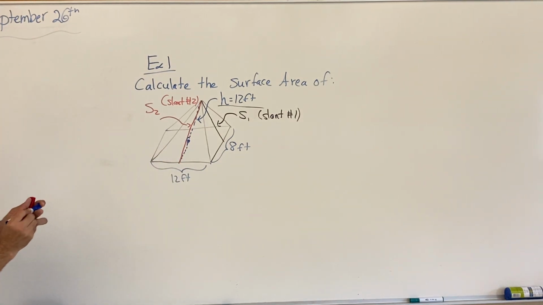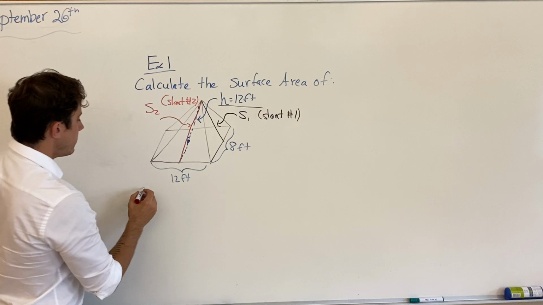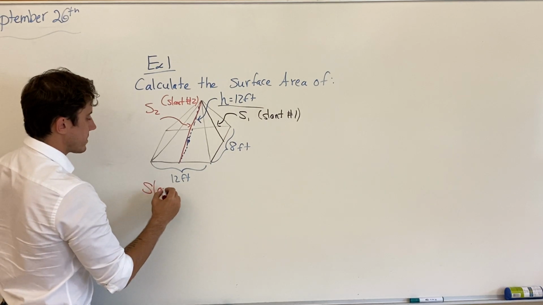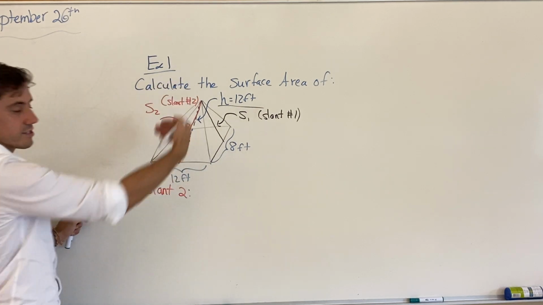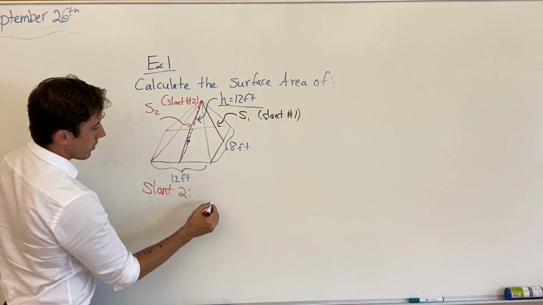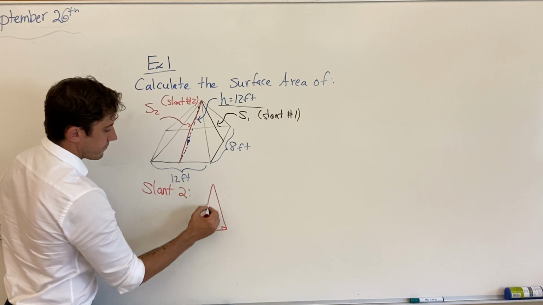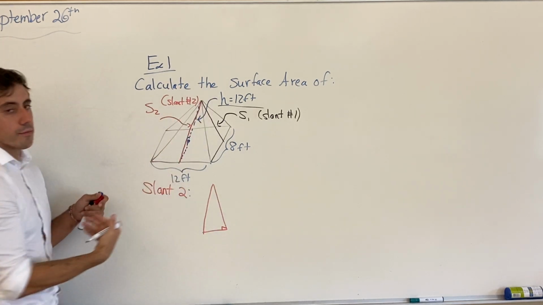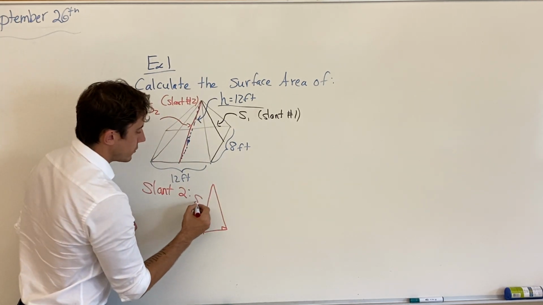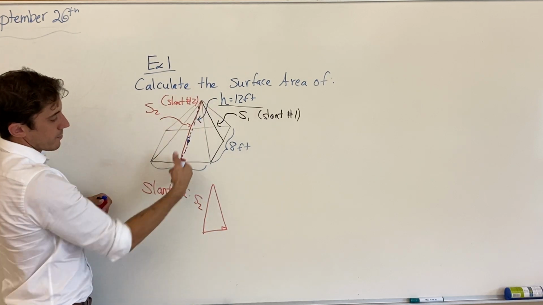And let's go ahead and draw that more clearly. So if we look for S2 first, just because it's facing us, we can draw this right-angle triangle like that. This is the one that's coming out of the board at us. And so S2 would be its hypotenuse.